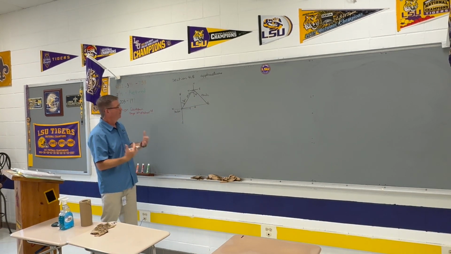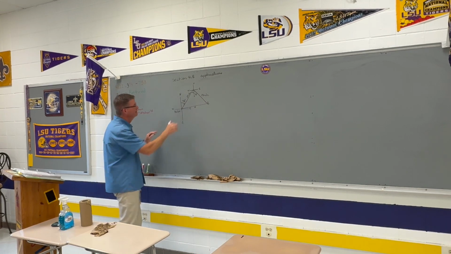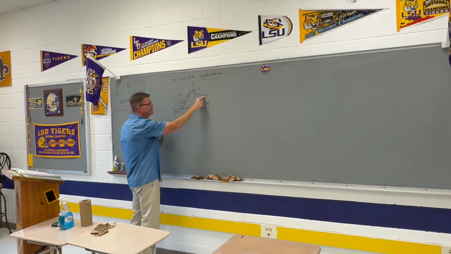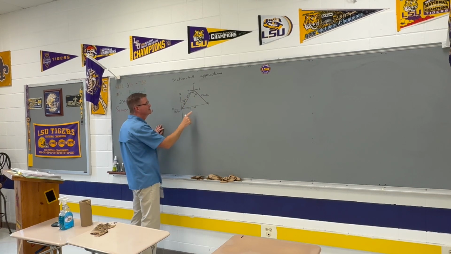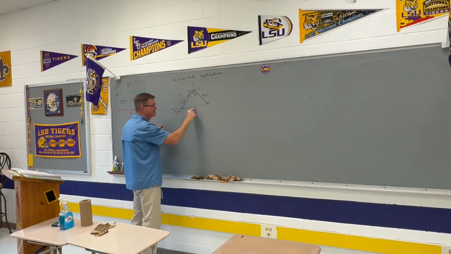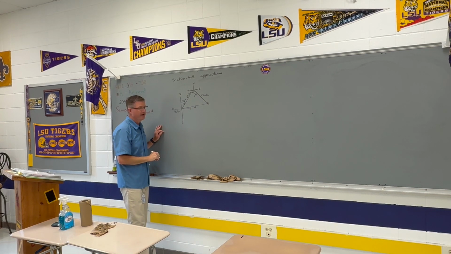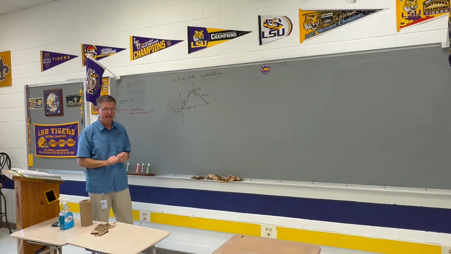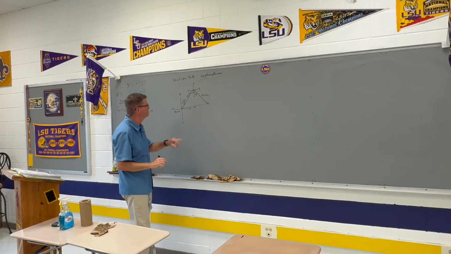Now, what we want to do first is say, well, it's a right triangle because he made a 90-degree turn. We have two sides of a right triangle, so we can use the Pythagorean theorem to find the distance the boat traveled away. Remember, a squared plus b squared equals c squared, or leg squared plus leg squared equals hypotenuse squared.